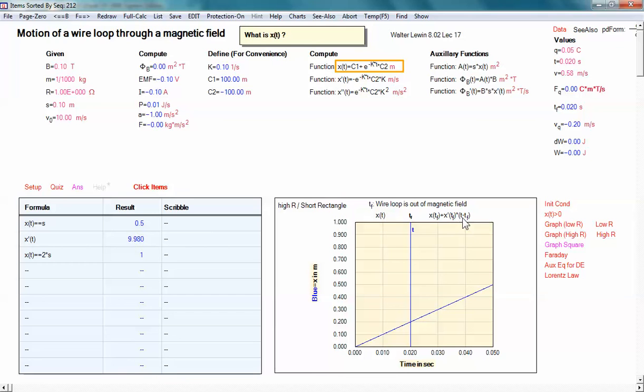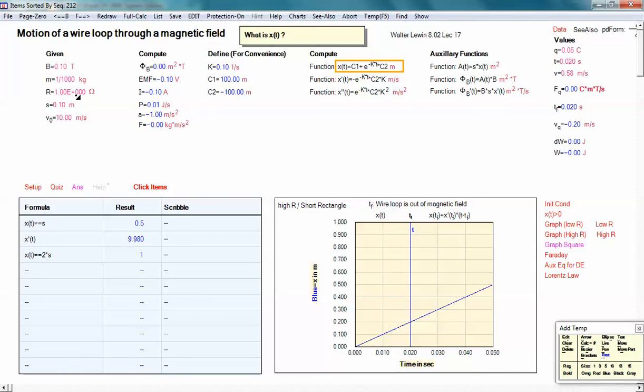In this case, it essentially ends up as a straight line. But remember, that's only because this R up here is so big. The resistance is so large, there's so little current, so there's so little heat produced, so there's so little braking of the wire loop.